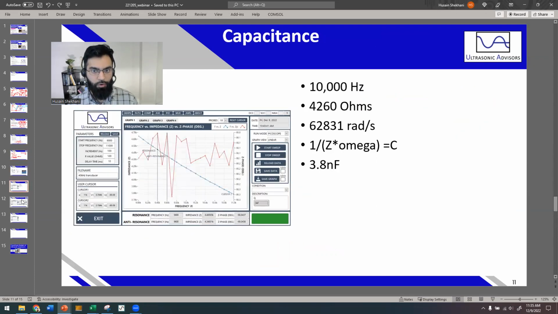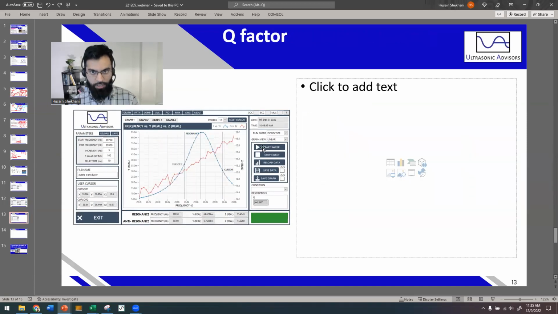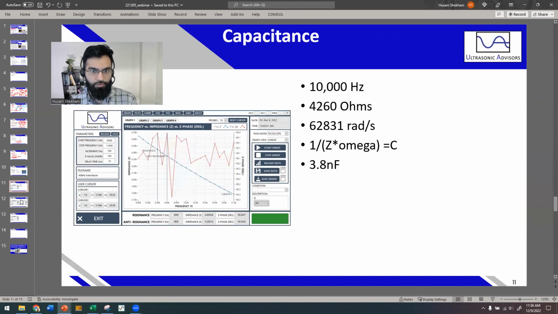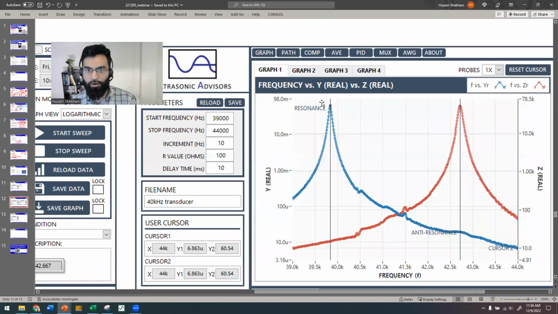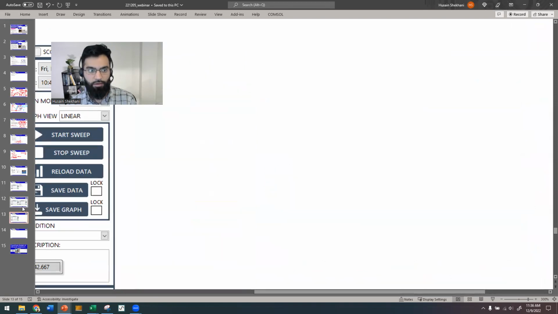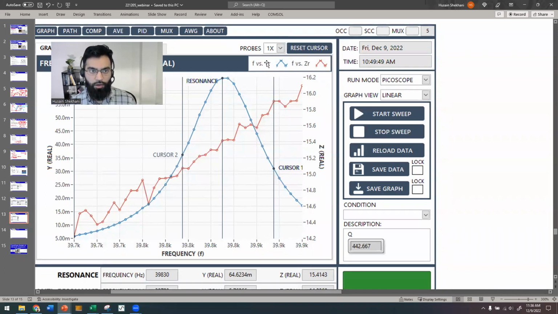Let me go over the rest of it. The next thing I do is calculate the quality factor. If you look at this plot, I zoom in on the frequency around this area. Since this is the conductance, the maximum conductance is the resonant frequency.